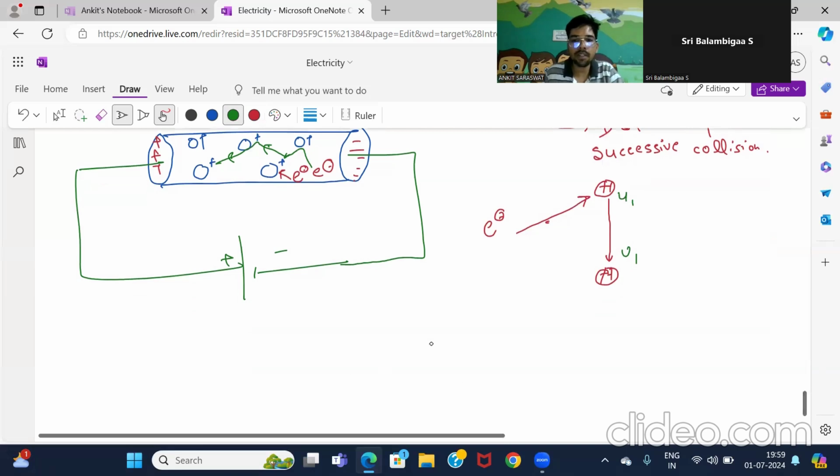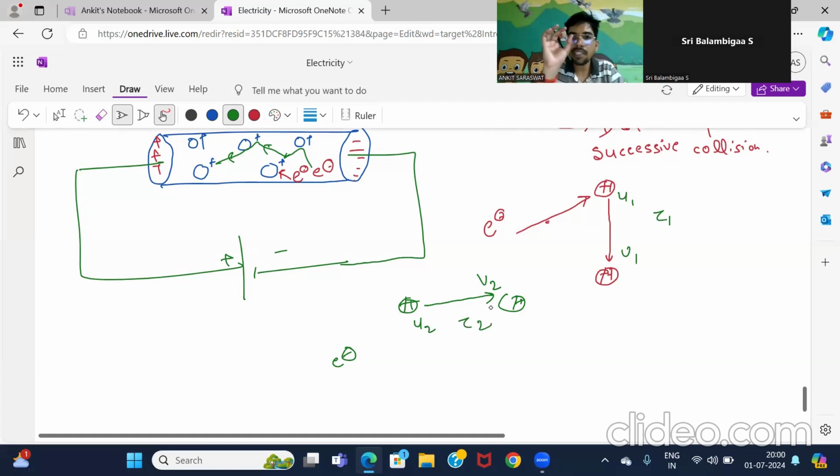In the similar manner, there is one more electron. There will be many electrons. This electron is colliding. One more electron will be there. After colliding, it is moving with an initial thermal velocity u2, and finally after acceleration, it is v2. Clear? How much time here? Tau 1, relaxation time. How much time here? Tau 2.